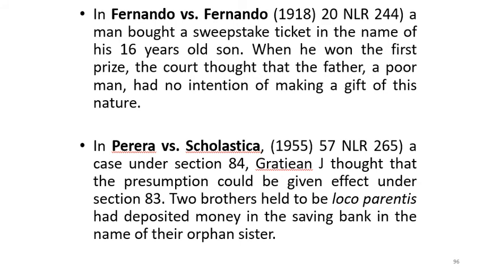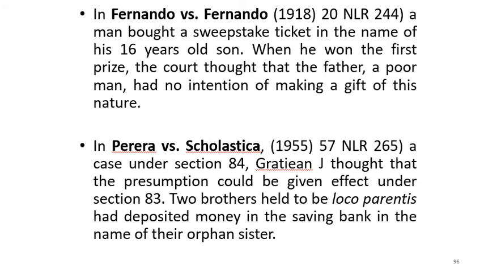When he won the first prize, the court thought that the father was a poor fellow, and also that he had no intention of making a gift of this nature. Therefore, the presumption of advancement was rebutted in this situation.